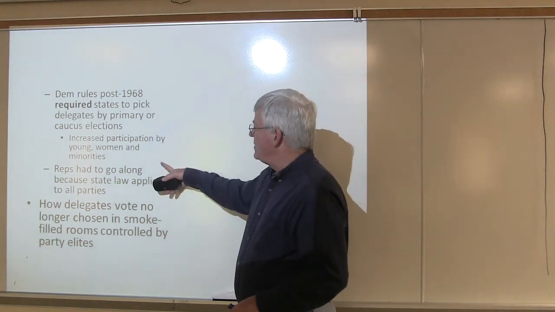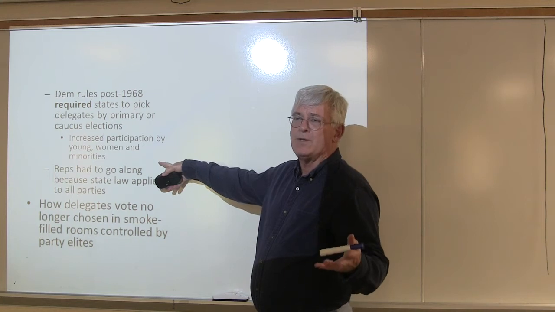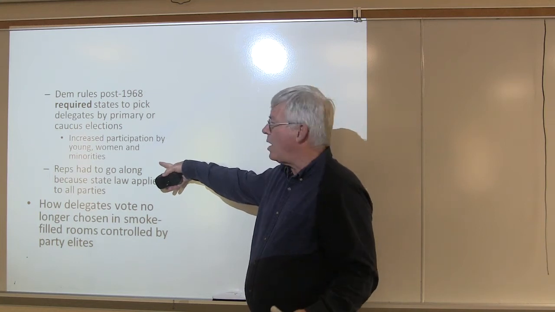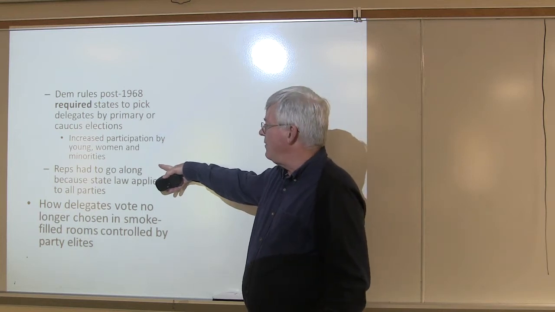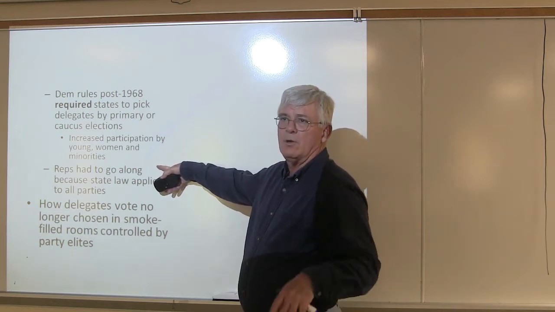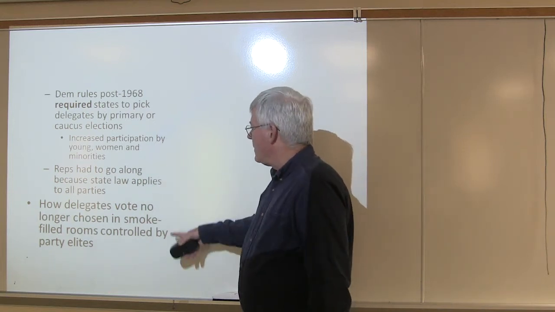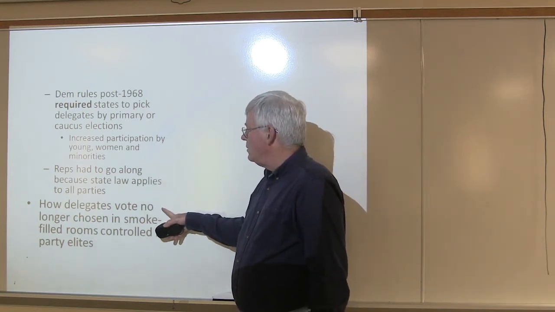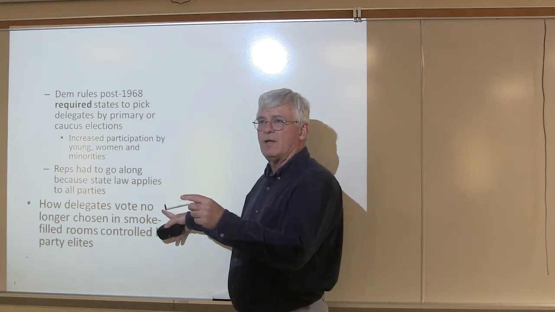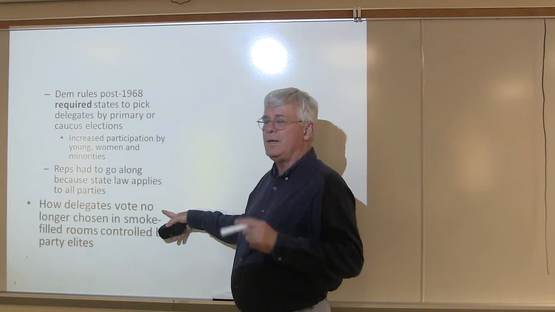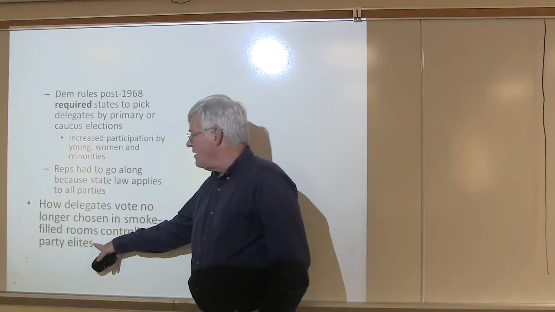And then, since it was such a powerful movement, and any states adopting primaries would have to be done by state law, as opposed to caucuses, which are done by state parties, then the Republicans had to go along because the law applied to all parties. All right? So, no more delegates who would go and vote at the National Party conventions being picked by party elites in smoke-filled rooms.